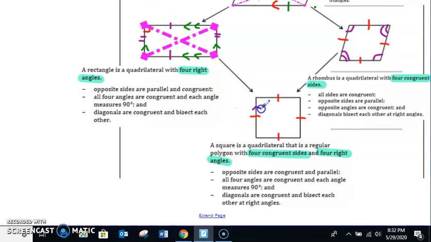So the left and the right are parallel to each other, and the top is parallel to the bottom. So I mark it with the same number of arrow markings to show that. All four angles are congruent because each angle measures 90 degrees. So they're all the same because each one of them is 90 degrees. This is 90 degrees. This is 90 degrees.